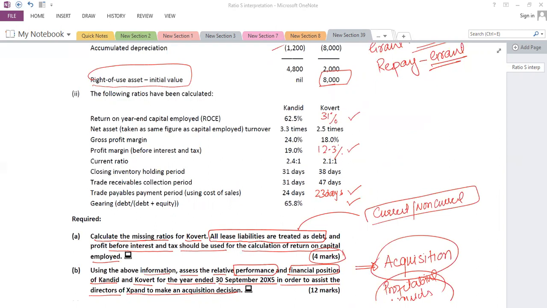Both look the same because they are in the same sector, so supplier policy has been the same. But if there is a difference in current ratio, you can see current ratio 2.1 is to 2.4. Marginally, Candid has an advantage of a good current ratio as compared to this.